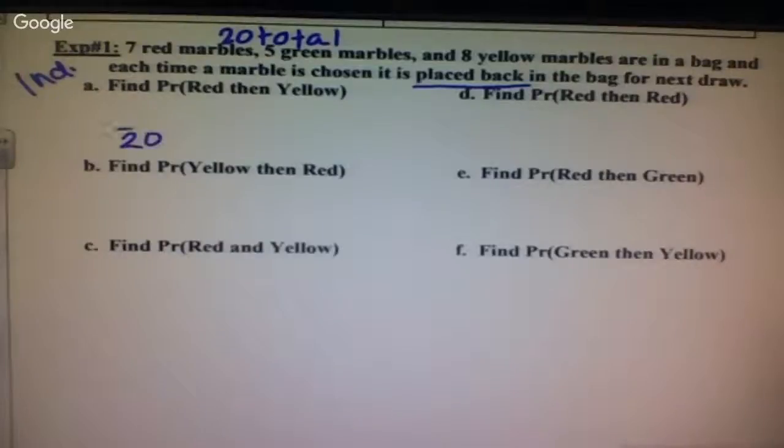Well, we know it's out of 20. What do I got? 7 out of 20. Then I want a yellow. Again, it stays out of 20 because this is independent. 8 out of 20. And you would multiply. It gives you 0.14.